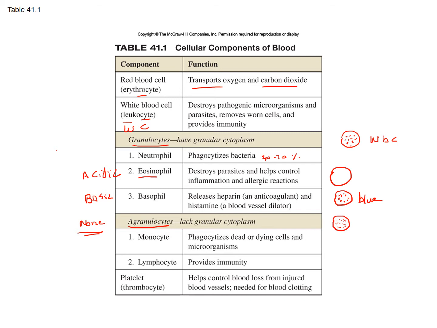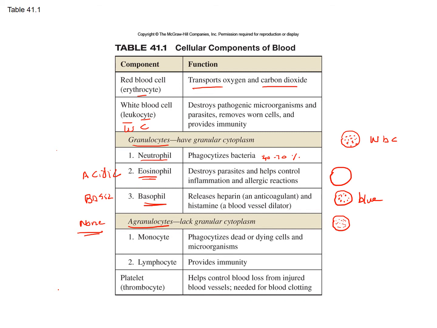So when any doctor looks at the blood sample and the white blood cell, if they find that the cell is stained blue inside, that means it's a basophil.